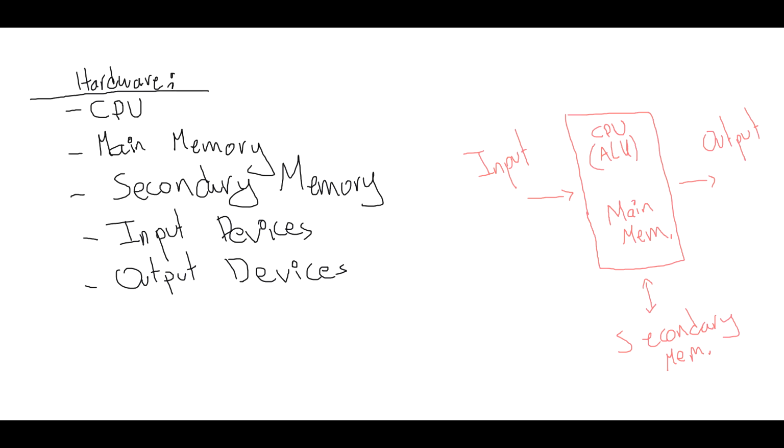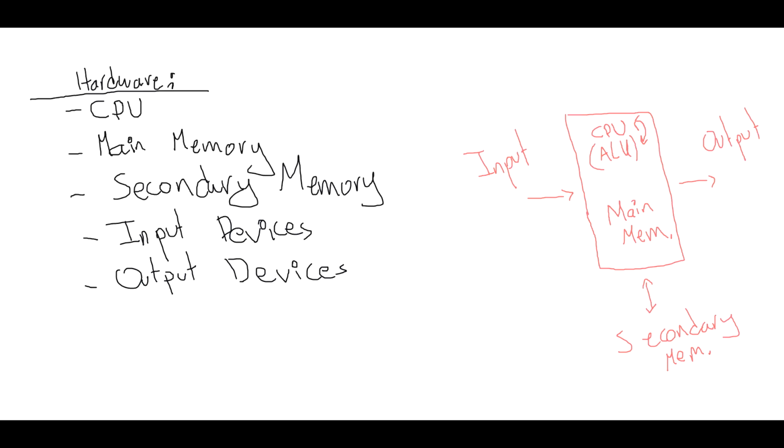So just like how you see the computer communicating with the secondary memory when necessary, there is communication between the CPU and the ALU when necessary. Now we go to the main memory.